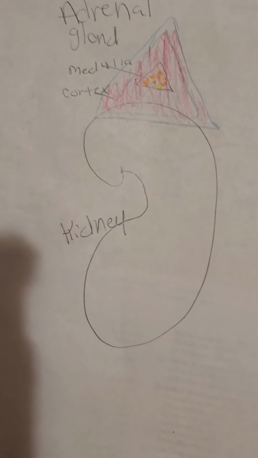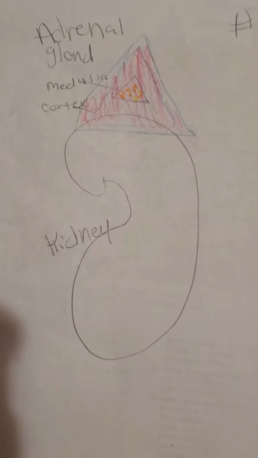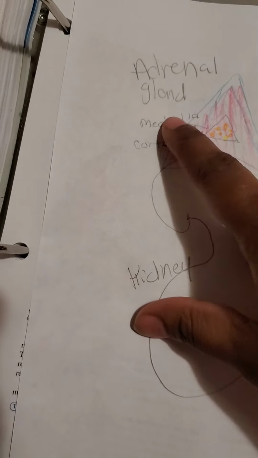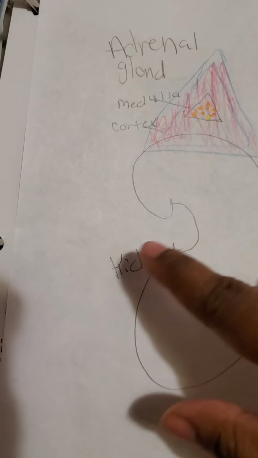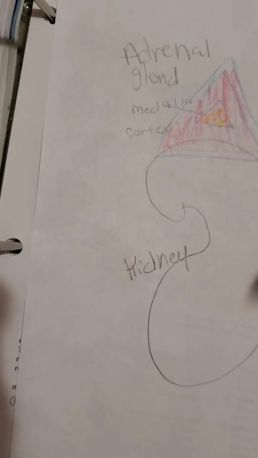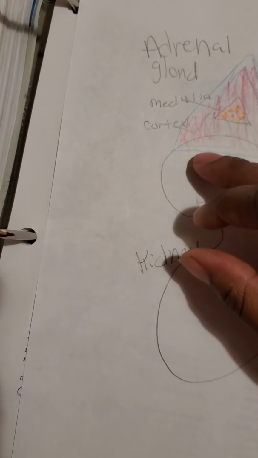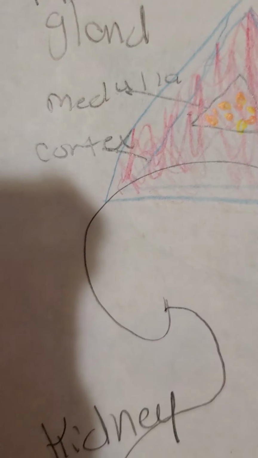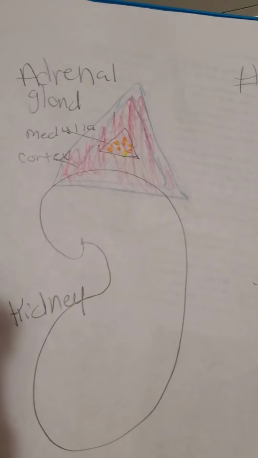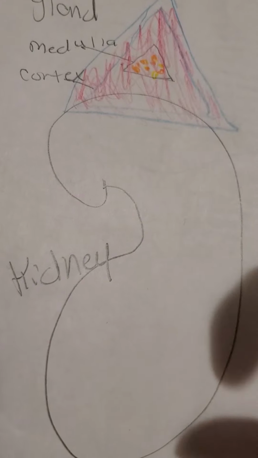And my last gland is the adrenal gland, and I have the adrenal medulla, which is right here on top of the kidney, and the adrenal cortex, which is right inside. Okay, the adrenal medulla is like a knot of nervous tissue. It is more like a knot of nerve tissue than a gland.